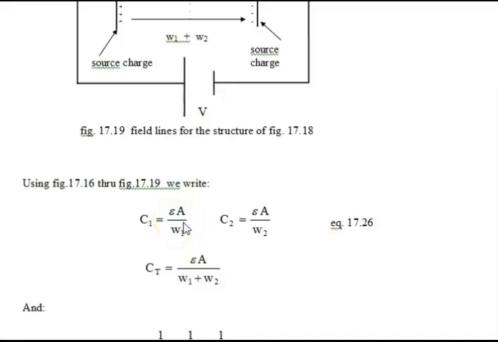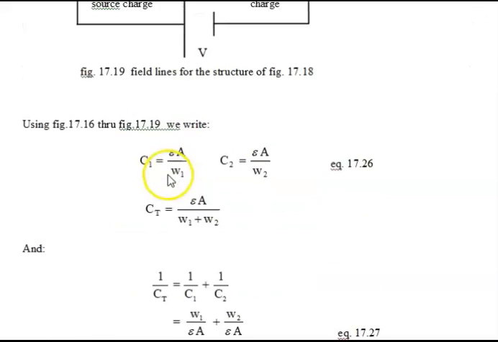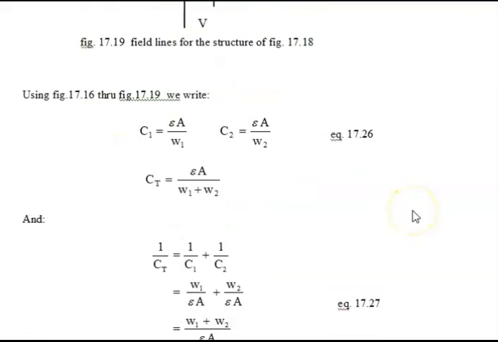It's probably not very important. It's just the length times the depth into the picture. It's just equal to, of course, epsilon A divided by W1. C2 is epsilon A divided by W2. But the total capacitance here is, well, same thing. It's epsilon A divided by the total width, which is W1 plus W2.